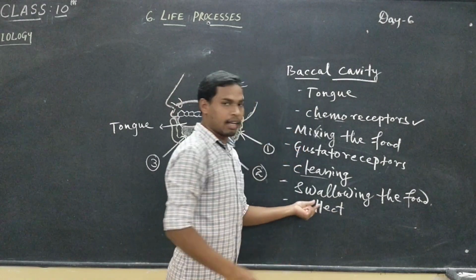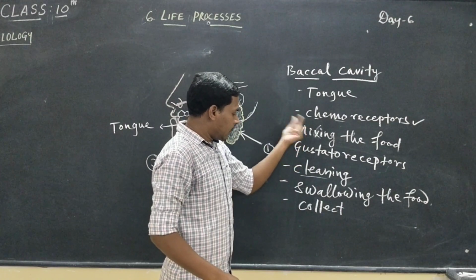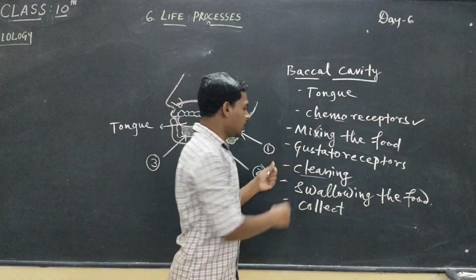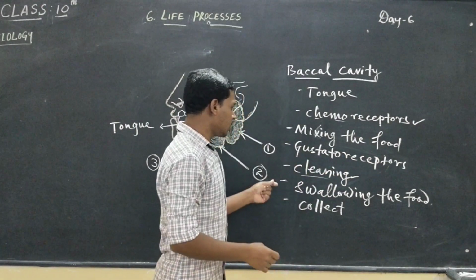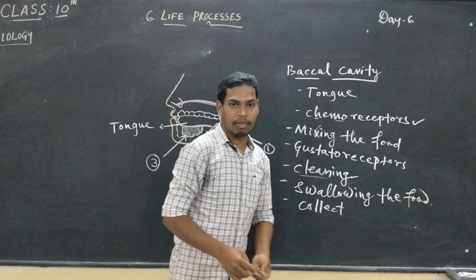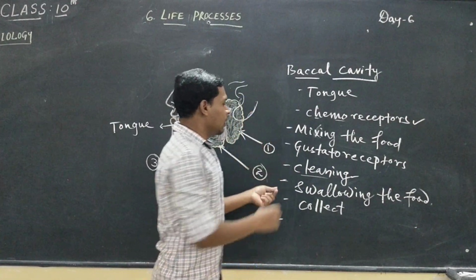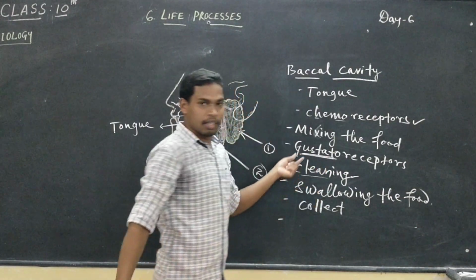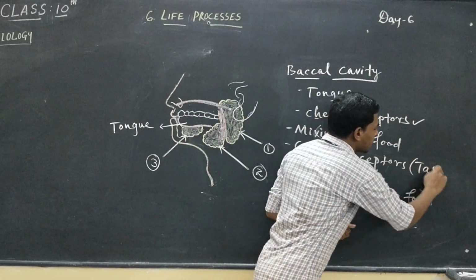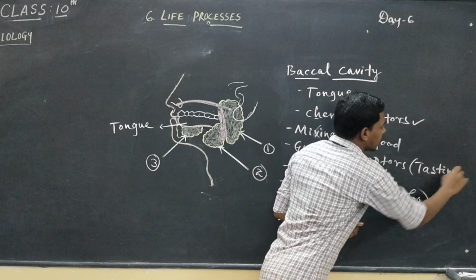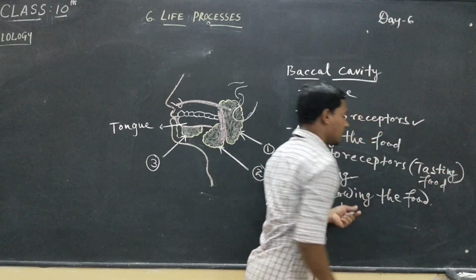They collect the food, they mix the food, and they help us in swallowing the food, and also they are chemoreceptors or gustatoreceptors, and they help us in cleaning. Okay, sorry. Gustatoreceptors means they help us in tasting the food.